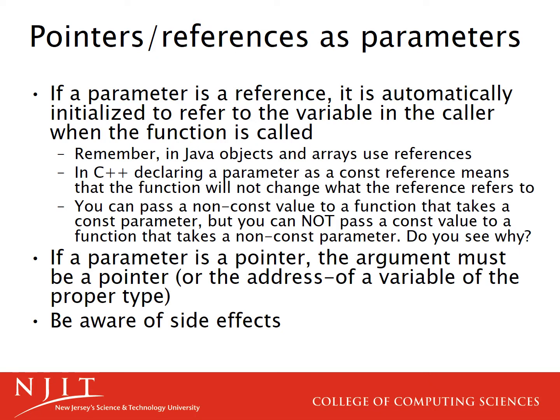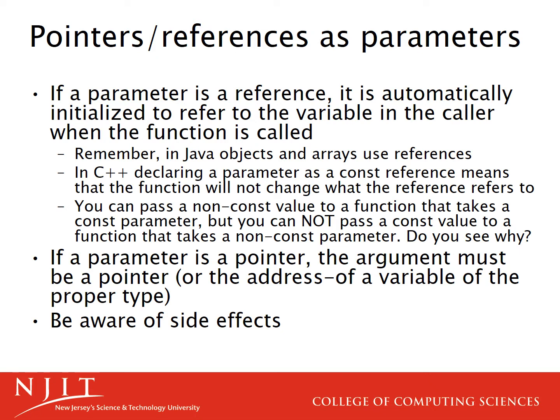Let's break that down. In the first case, I have a value that's not a const. I give it to a function that takes a const parameter. Well, that's okay. The fact that the function isn't going to make a change to what the reference refers to doesn't matter that much. However, in the opposite case, I have something that's a const, and I pass it to a function that takes a non-const parameter. That's a problem.